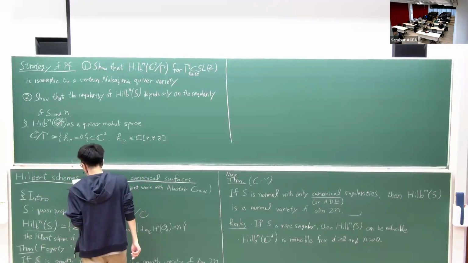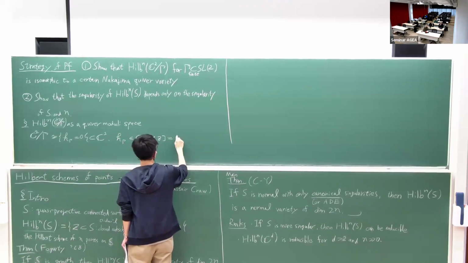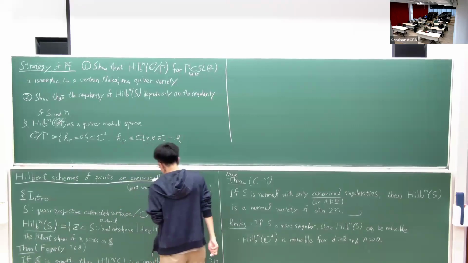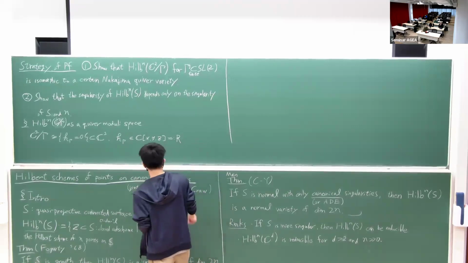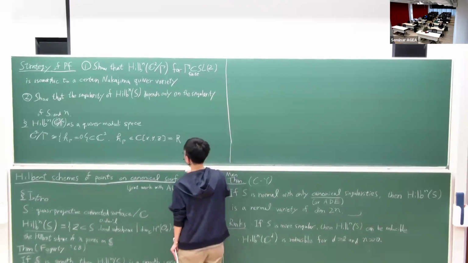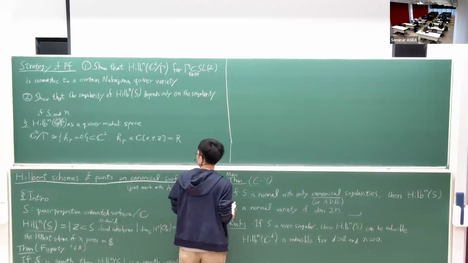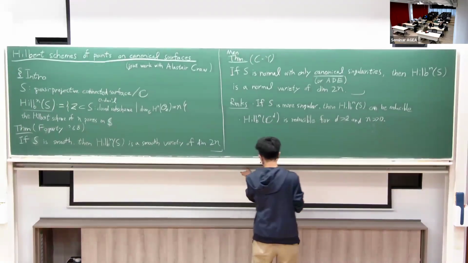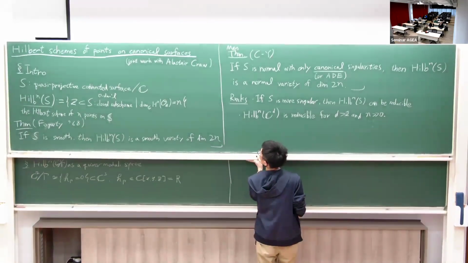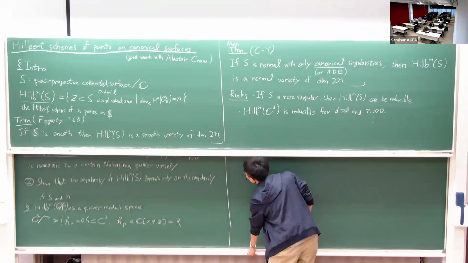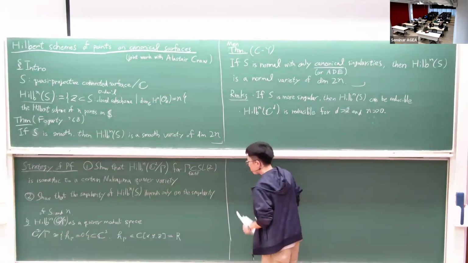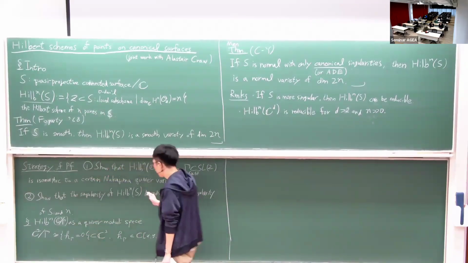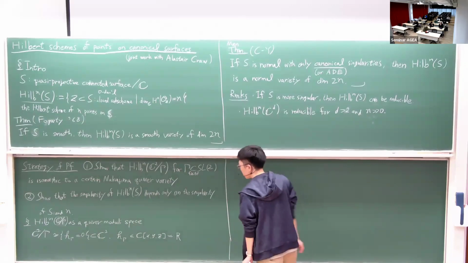And in this case, we call this ring R. And we also consider that quiver. So we realize this Hilbert scheme as a certain moduli space of representations of a certain quiver.